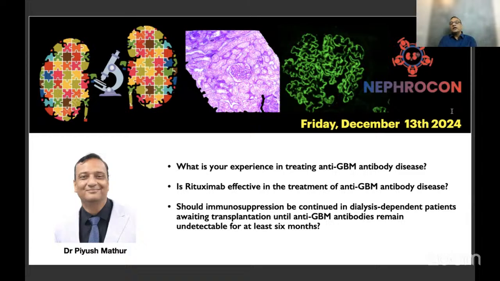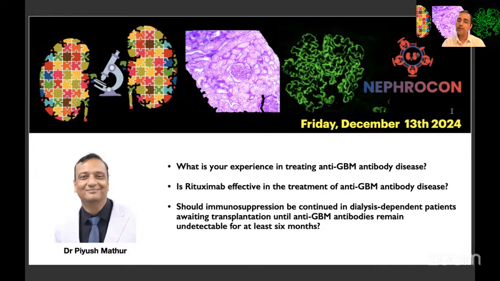That's the reason we have to continue the immunosuppression, so that the antibodies become undetectable and we can go for kidney transplant safely after 6 months, because post-transplant recurrence of this disease is extremely rare if the antibodies are undetectable at the time of transplant. That's why this disease is called a one and done disease. Once the disease is there, it's done. So I think that should be the goal.